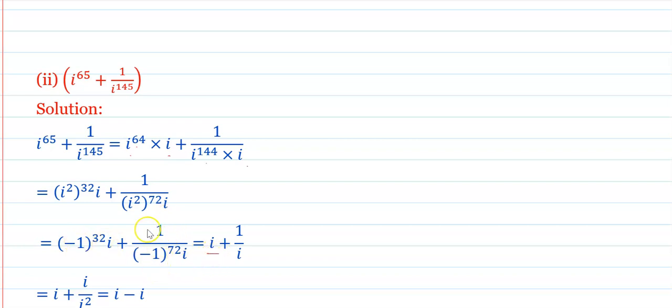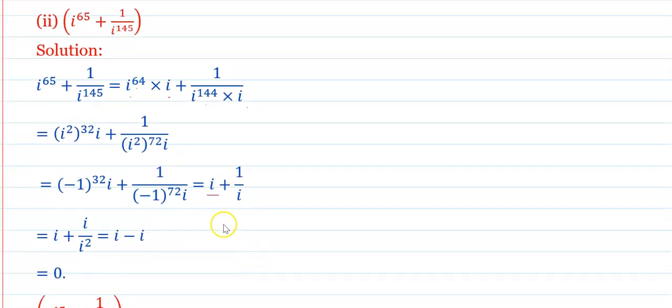1 upon i square means what? Minus 1. Minus 1 raised to 72, you will get plus 1. Plus 1 into i, you will get i. That is i plus 1 upon i. Okay. पुढे हे इव्हॅल्युएट करायचं आपल्याला. That is, multiply numerator and denominator by i. 1 into i, you will get i. i into i square. This i square is minus 1.